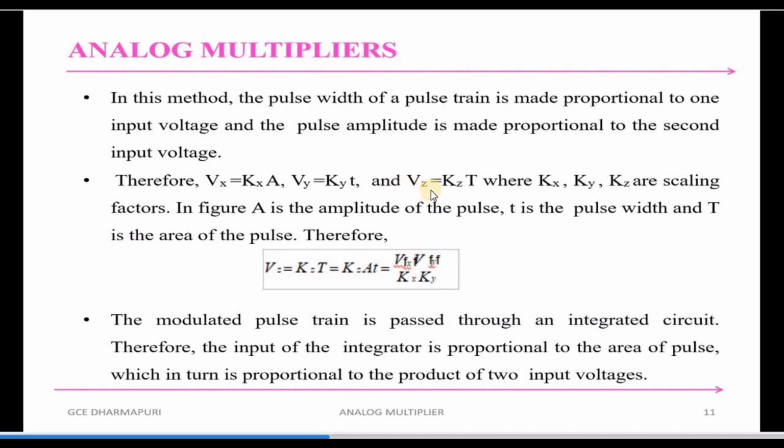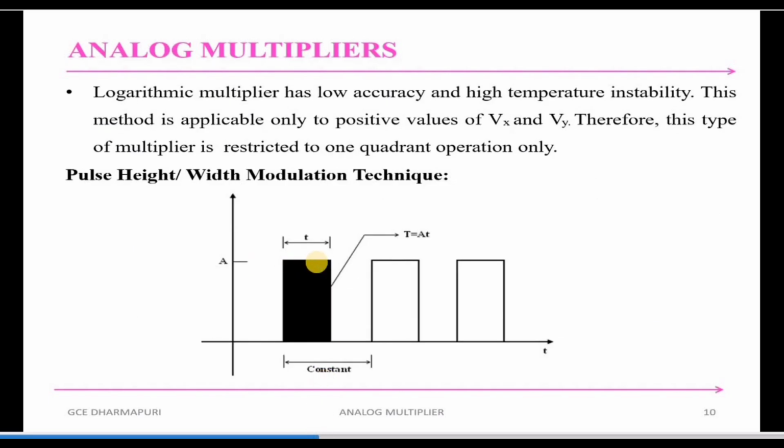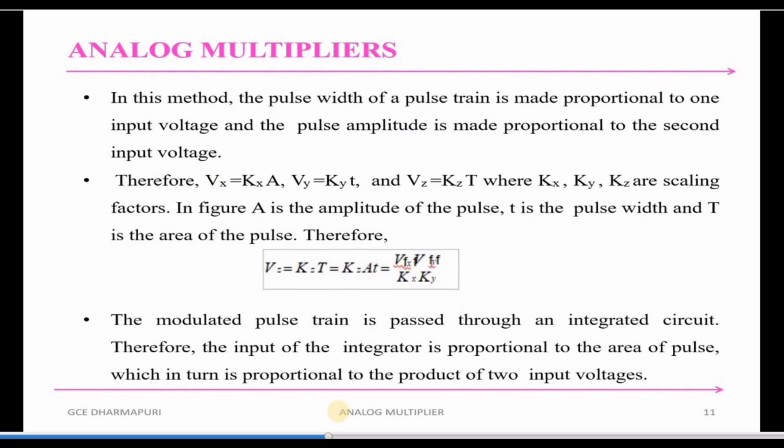I can write Vz is equal to Kz into the area of the pulse, where Kx, Ky and Kz are scaling factors. In the diagram, A represents the amplitude, T represents the pulse width, and the area of the pulse is A into T. From these equations I can write A is equal to Vx by Kx and T is equal to Vy by Ky.